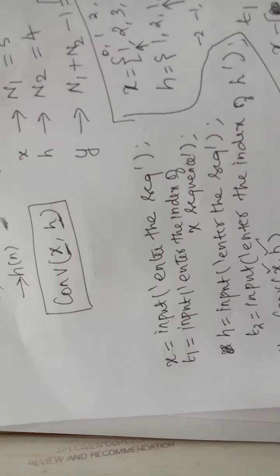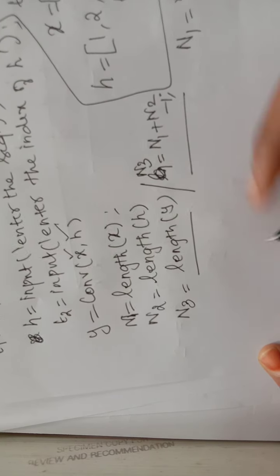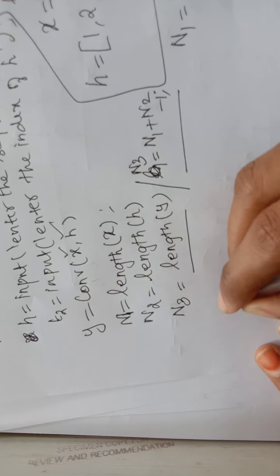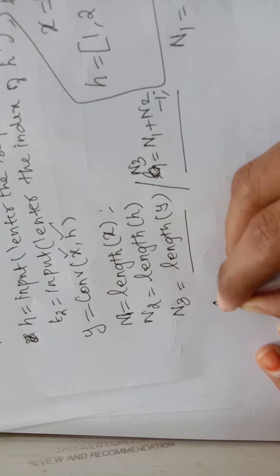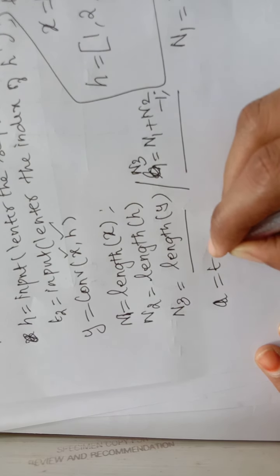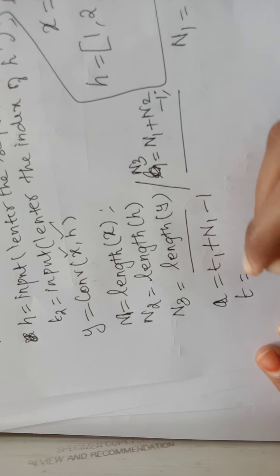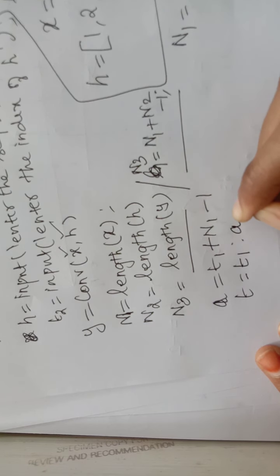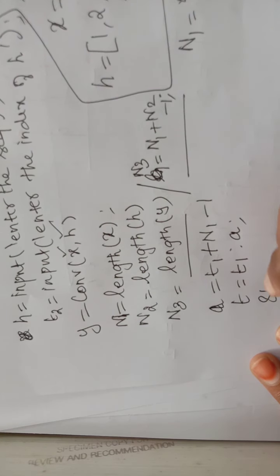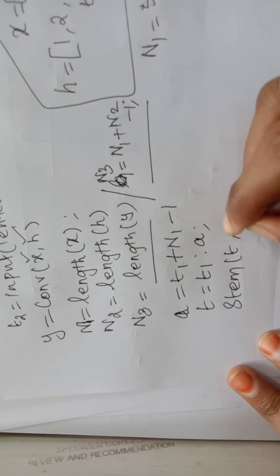So now the same concept I am going to write down. For a equal to t1 plus n1 minus 1, t equal to t1 to a, then stem t comma x.